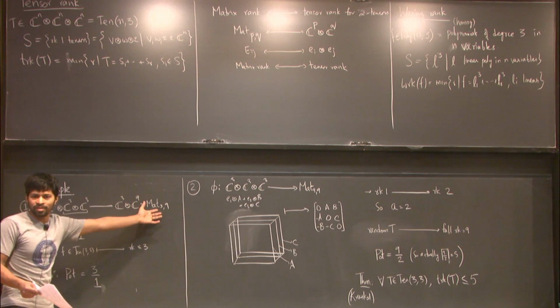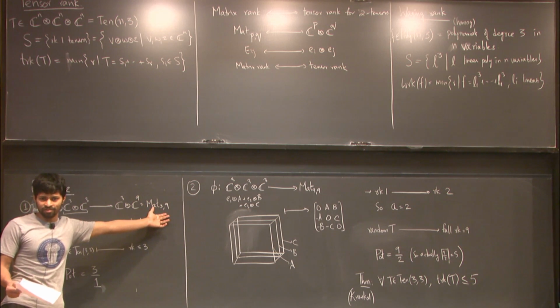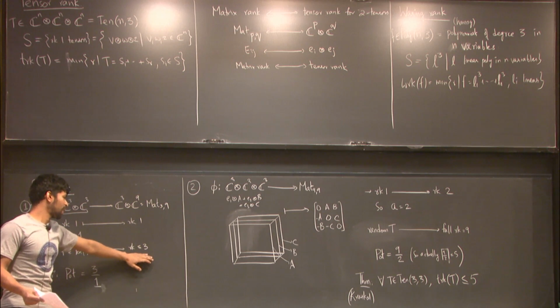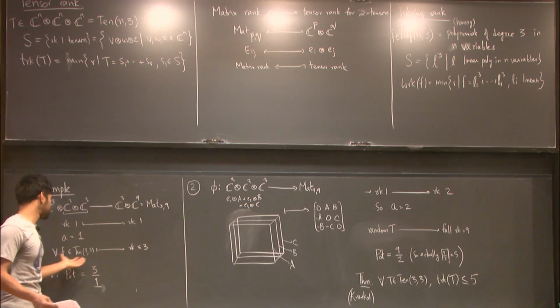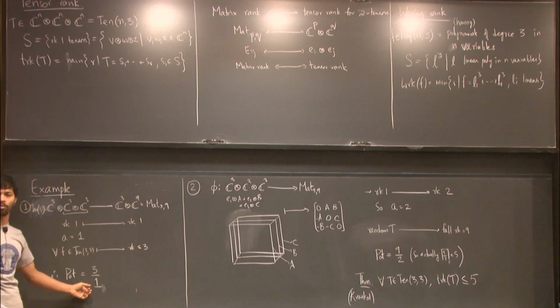But the maximum possible rank that a 3 by 9 matrix can have is 3. So the best lower bound you'll be able to prove is 3 over 1.